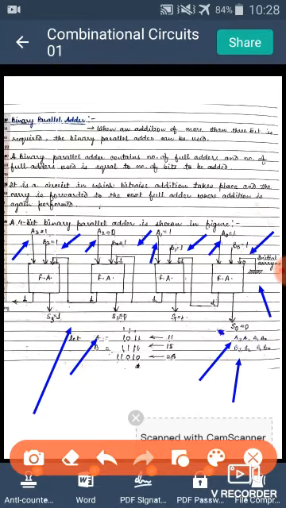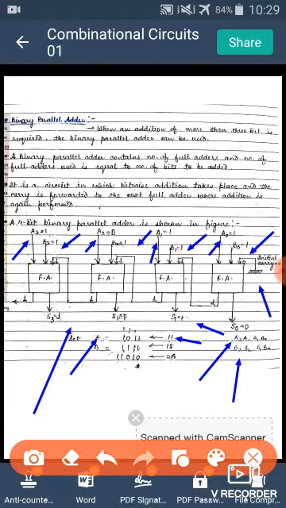It means the A3 digit is 1, A2 digit is 0, A1 digit is 1 and A0 digit is also 1, which in decimal stands for 11.